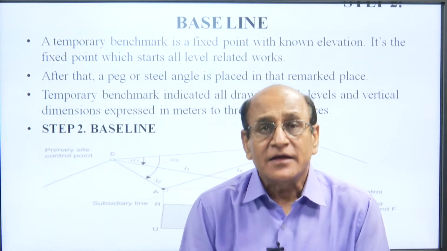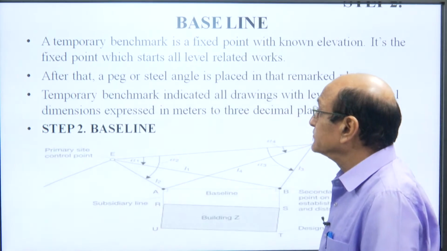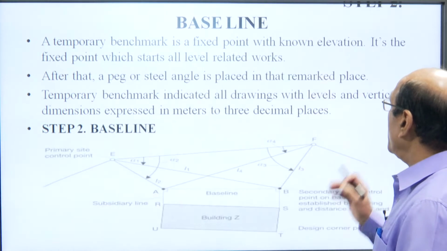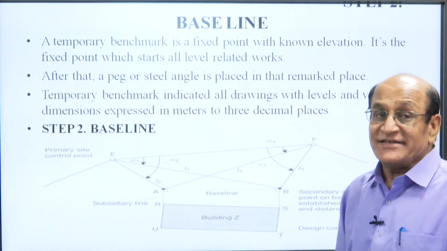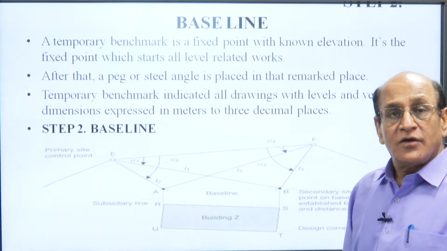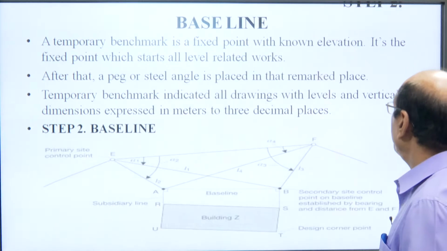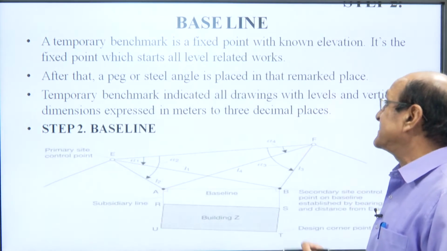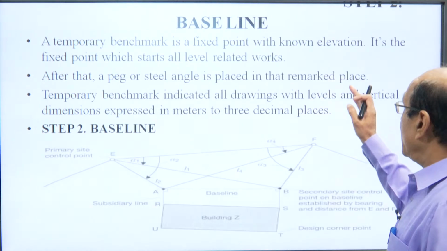The next is the benchmark. A temporary benchmark is a fixed point with a known elevation. Elevation is with respect to mean sea level, and it is the fixed point which starts all level-related works.